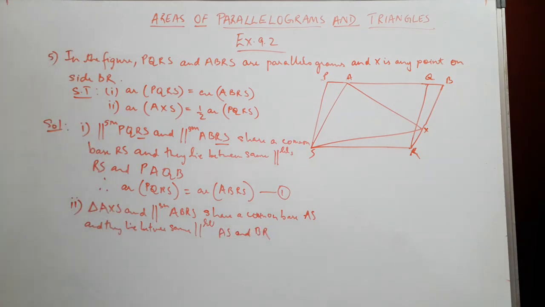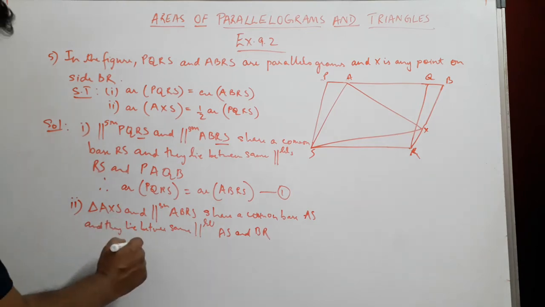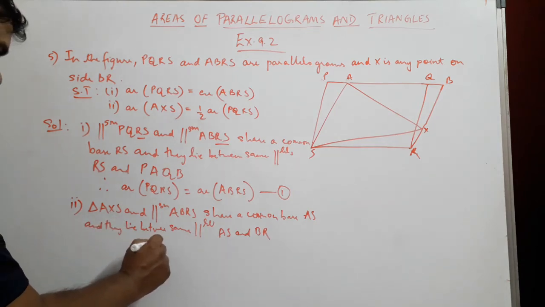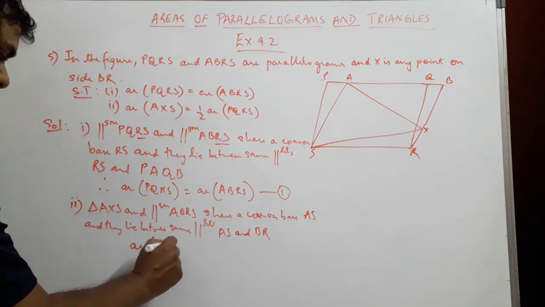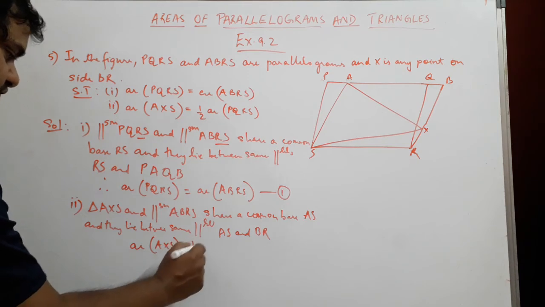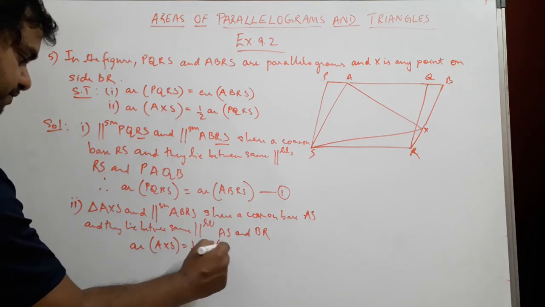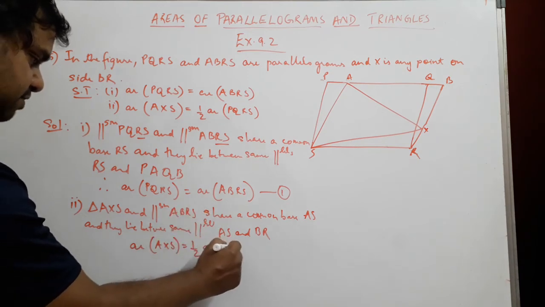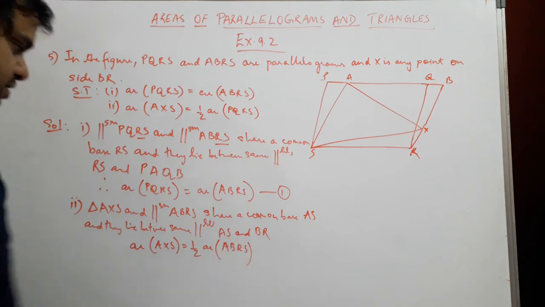As a result of which, the relationship between area of triangle and area of parallelogram that lie on the same base and share parallel lines is what? That area of triangle AXS is actually half of area of the parallelogram ABRS.